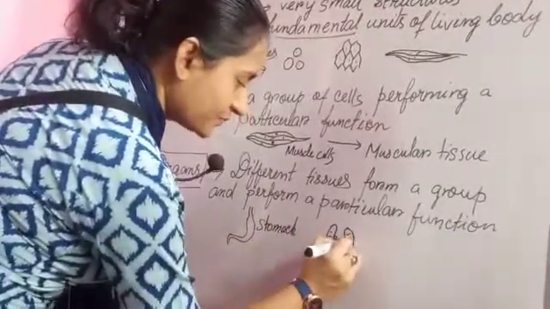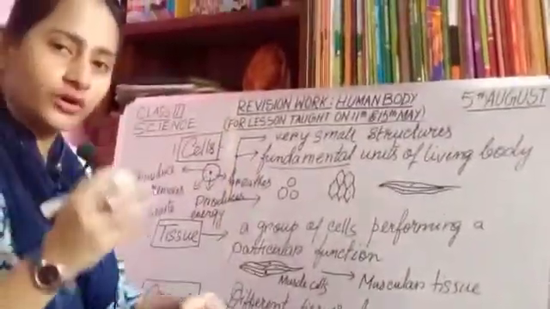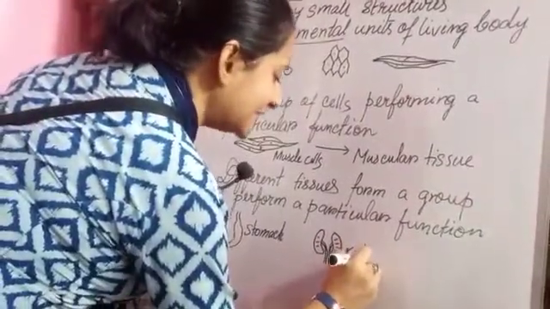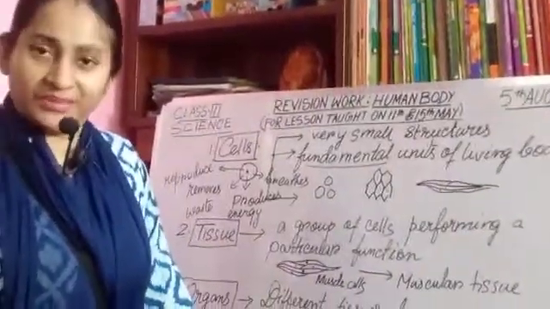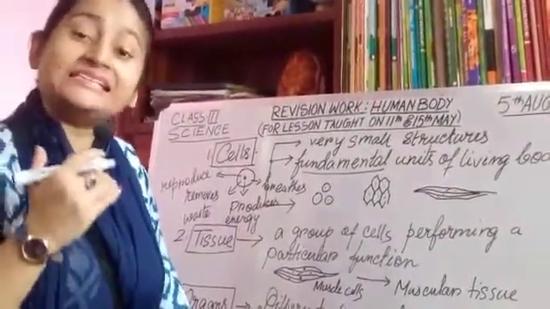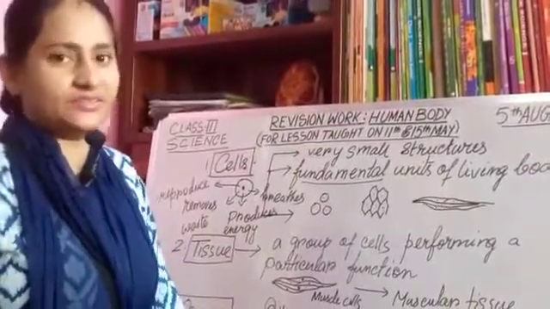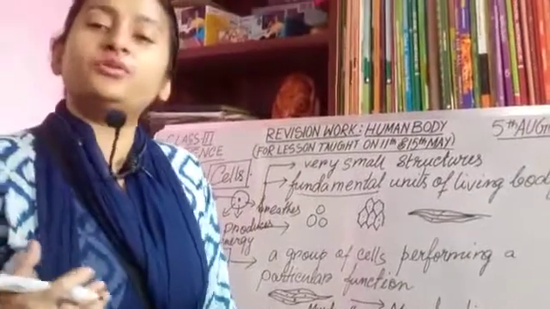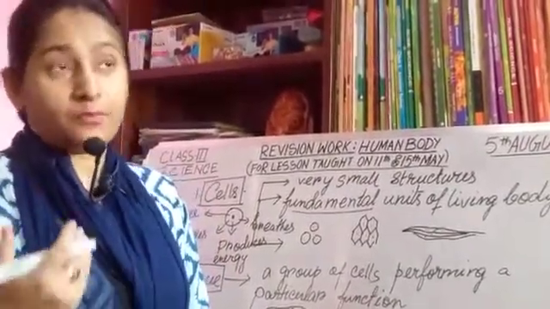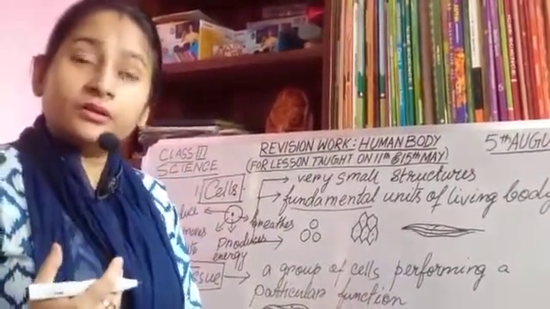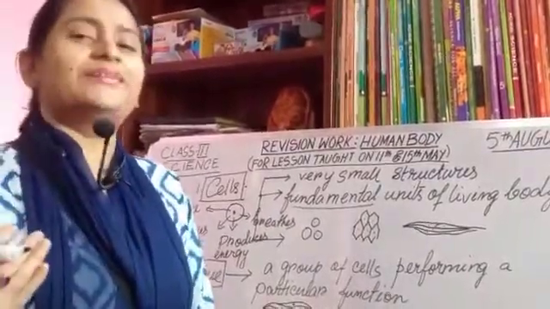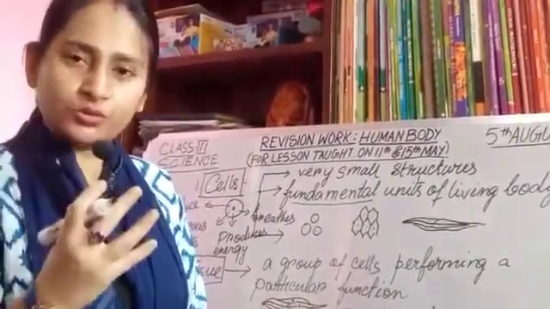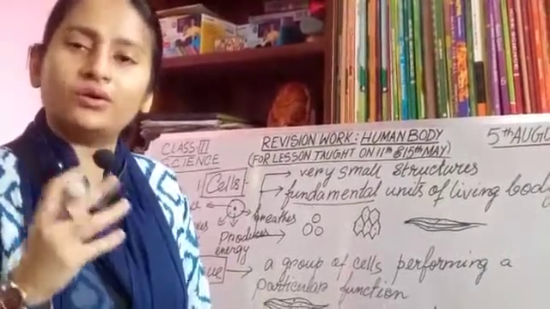Many different types of tissues have joined together to give rise to these organs, which are known as the kidneys. They help us in the excretion of waste materials from our body. In this way, many tissues have joined to form our heart, our brain, our liver, and so on, right? There are many organs. So, the tissues unite to form the organs.